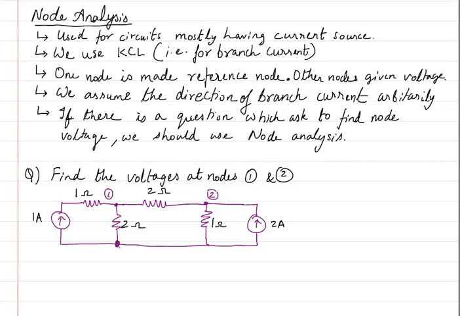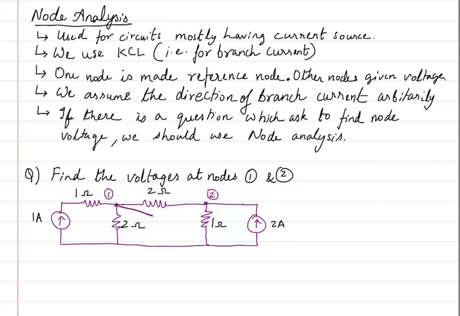So that one node, for our case, let us say we will mark it as a reference. Now, what do we mean by reference node? Generally, a reference node is a node which is considered to have zero voltage. It does not mean that we cannot take any other node as a reference node.